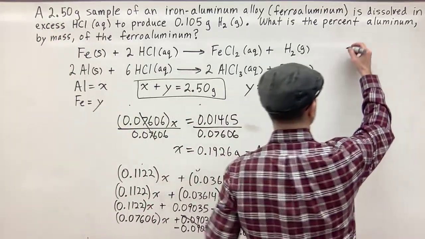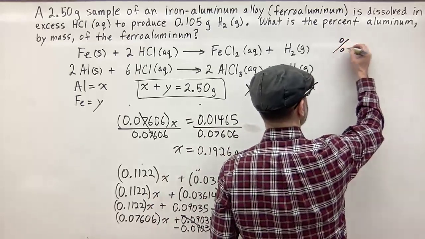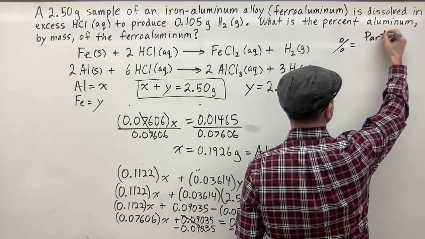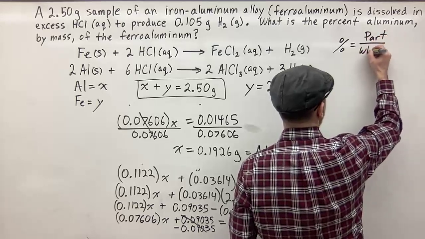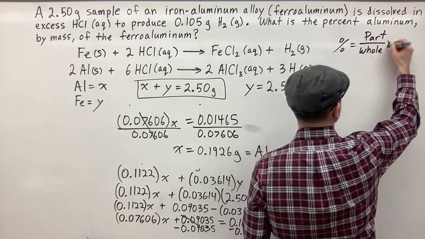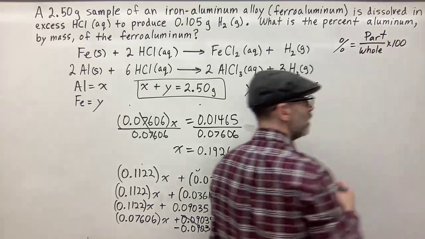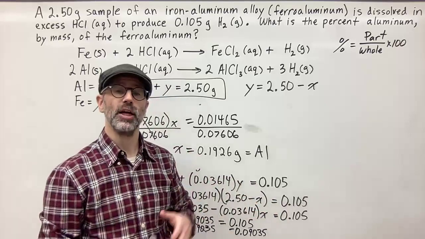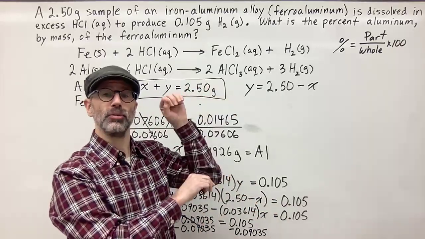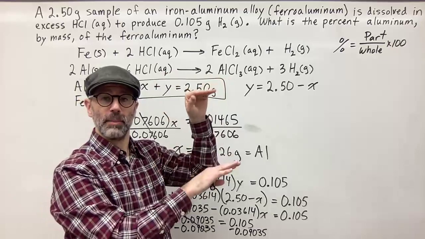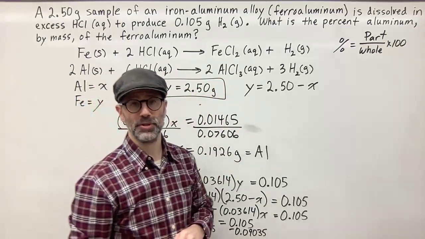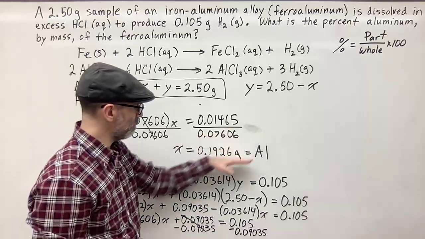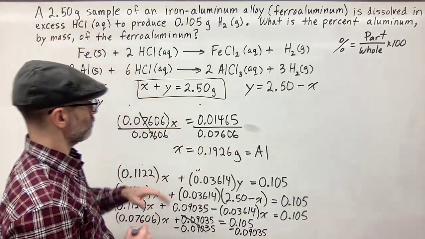So just a reminder, a percent is calculated by the part divided by the whole multiplied by 100. So that's why it's percent. Percent means per 100, out of 100. So you get the fraction by dividing part by whole, and then multiply by 100 to get the percent. Okay, so here we've got a part. This is a part of the whole.